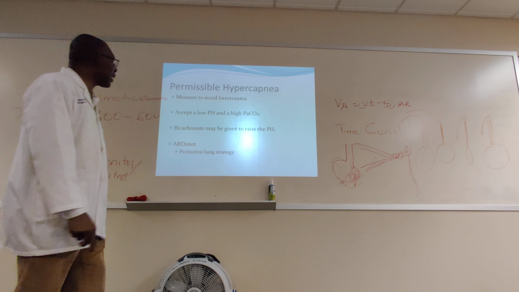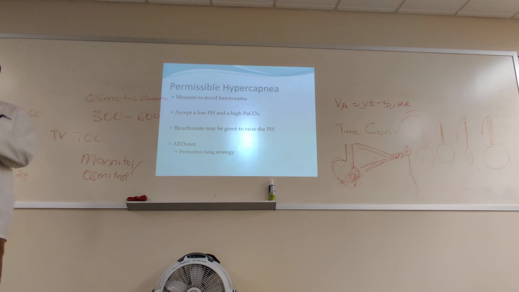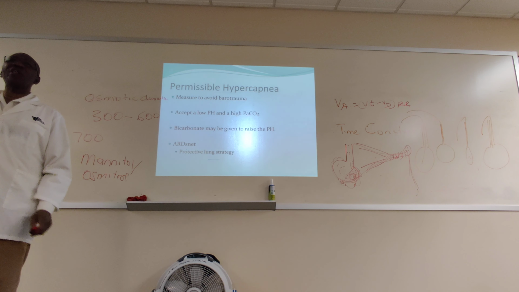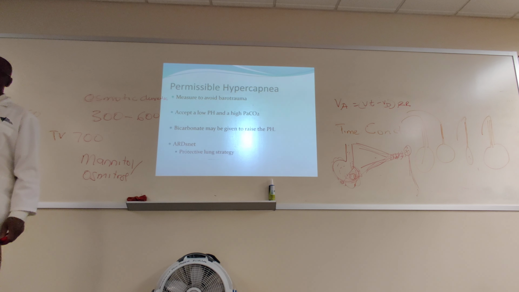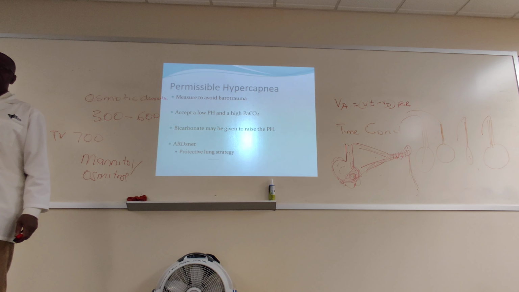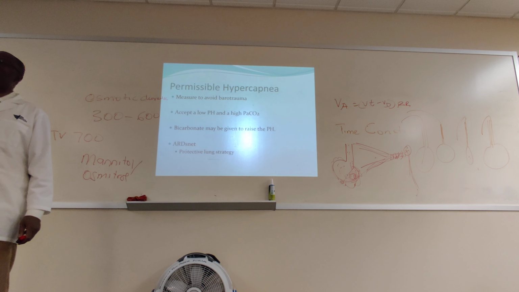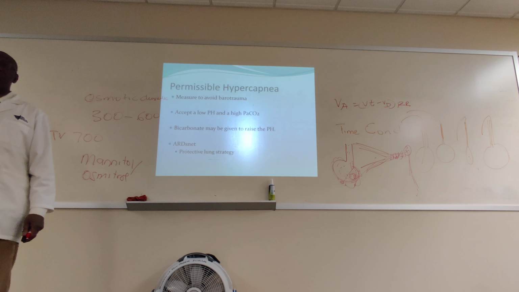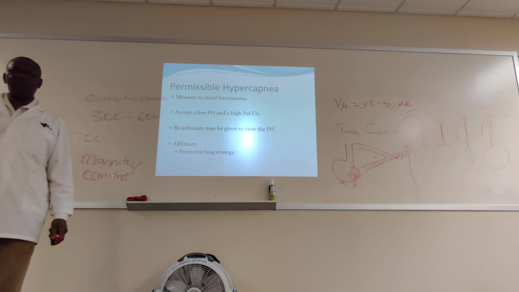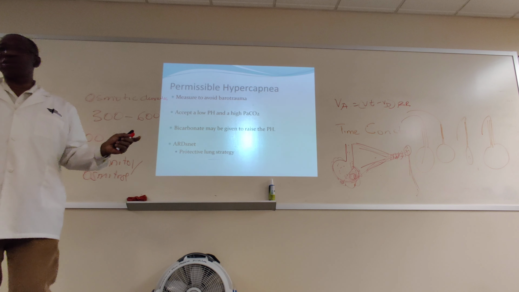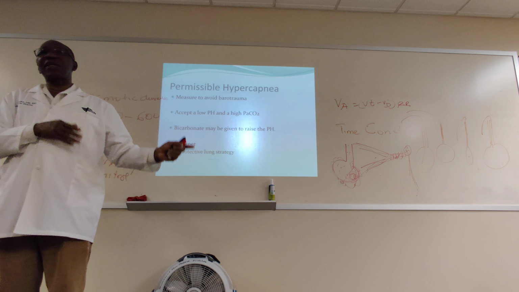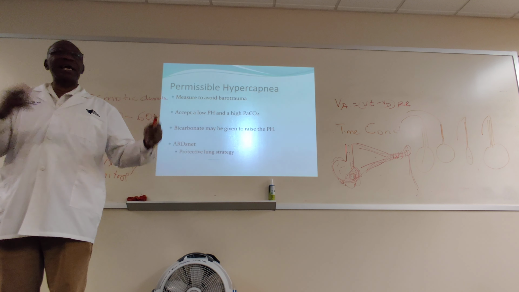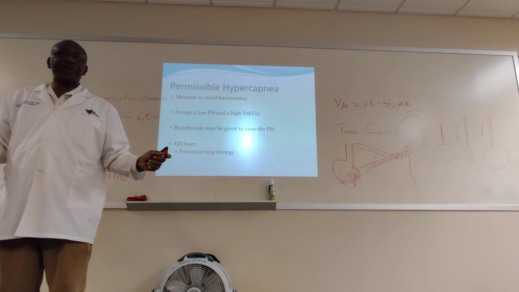So what we're saying then is that instead of continuing to increase pressure, which may result in barotrauma, you can accept a pH that is slightly acidotic, because that's what you're trying to fix. You want to increase your tidal volume or your pressure to blow off more CO2 so that you can normalize your blood gas. But then a patient's lungs may rupture.